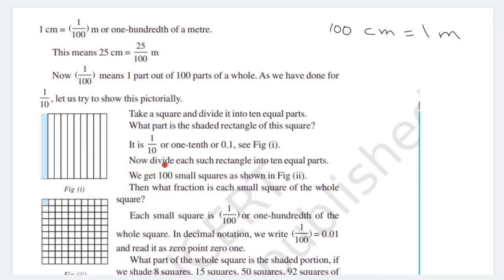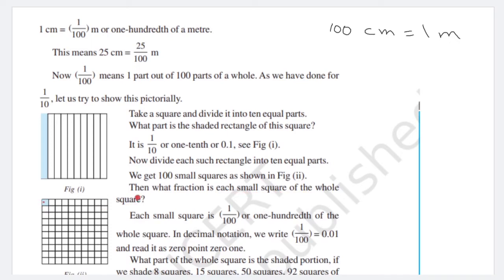Now, you are again dividing it into 10 parts. This whole division, again you are drawing 10 lines horizontally, means you will have 100 squares. Then what fraction is each small square of the whole square? See, this one square is shaded here.